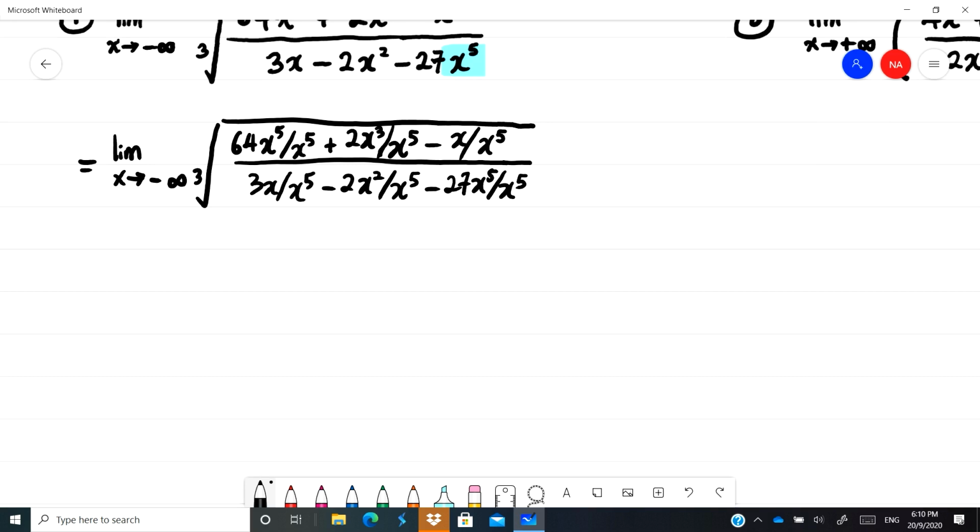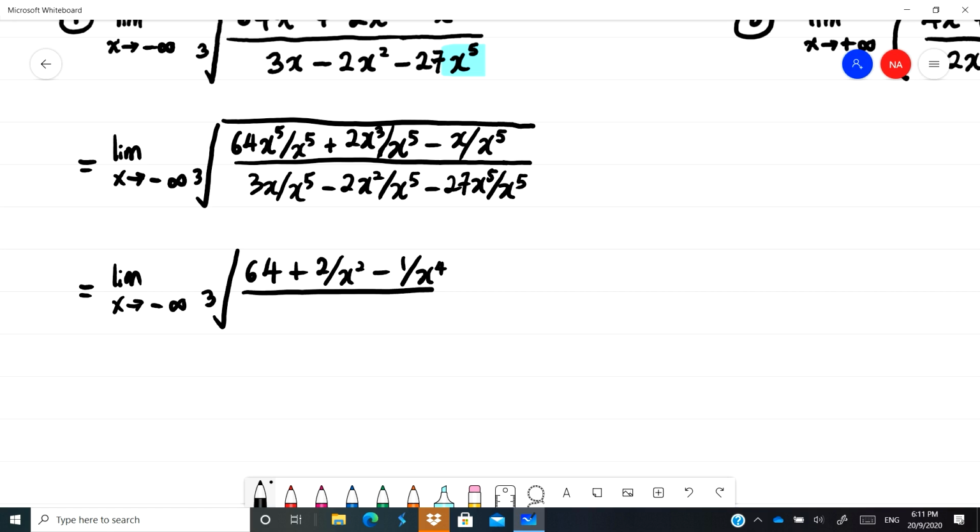So now you're going to simplify this. We'll have limit as x approaches negative infinity of the cube root of 64 plus 2 over x squared minus 1 over x to the power of 4, the whole thing over 3 over x to the power of 4 minus 2 over x cubed minus 27.